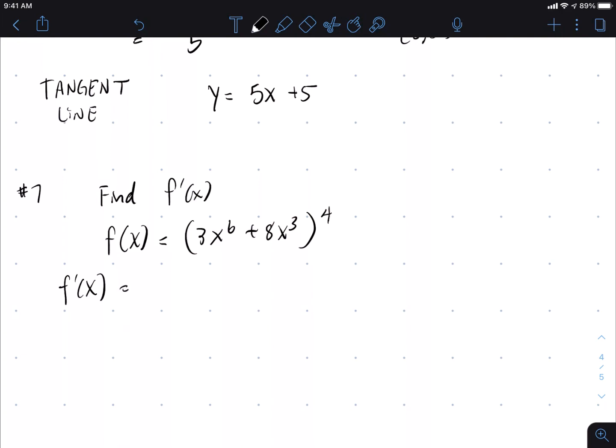So I'm going to get 4, and then that drops 1, correct? But the inside stays the same. But now I need to multiply by the derivative of what's on the inside. So the derivative of what's on the inside is going to be 18x to the 5th plus 24x to the 2nd.